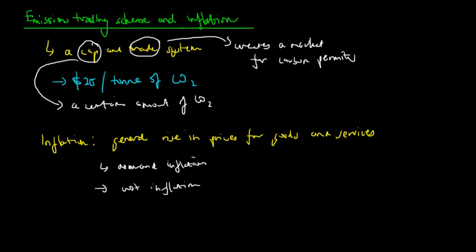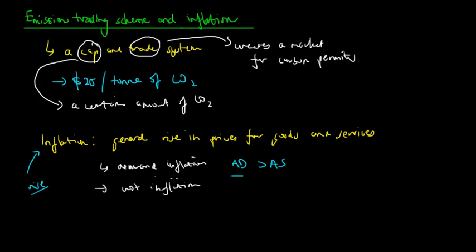Now demand inflation occurs when aggregate demand in the economy exceeds aggregate supply. But in this scenario, with an emissions trading scheme, this doesn't really affect the aggregate demand in the economy. Rather, it may in fact slow aggregate demand because prices will tend to rise. We're going to go through why that occurs.